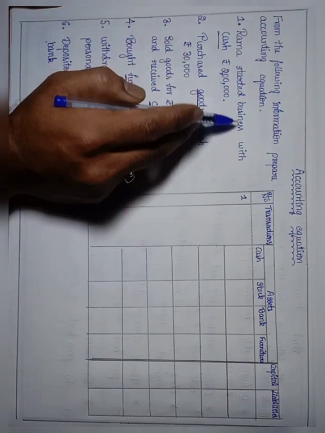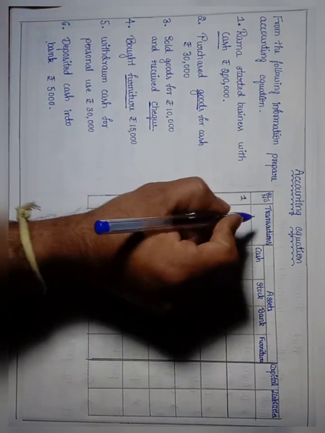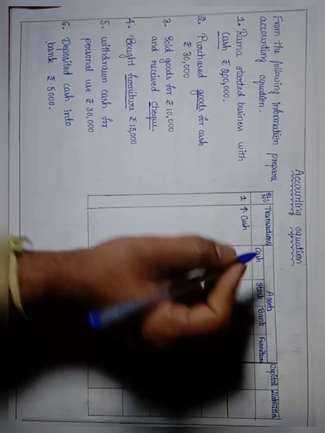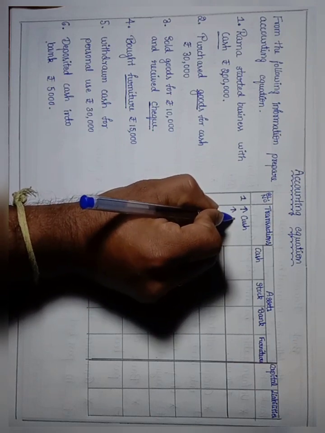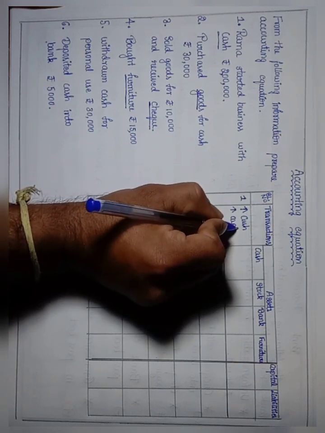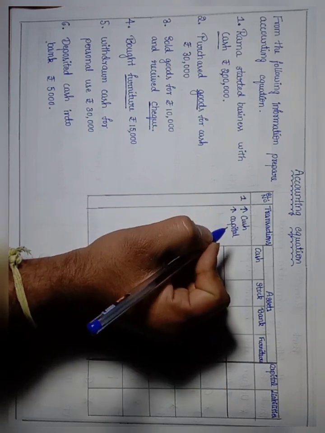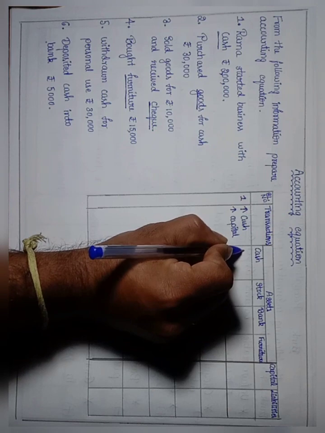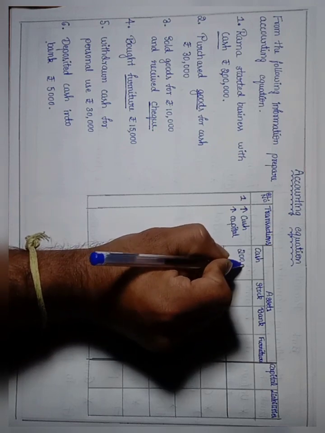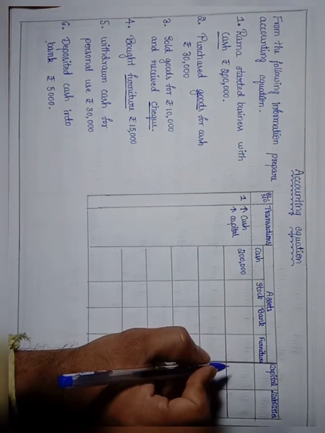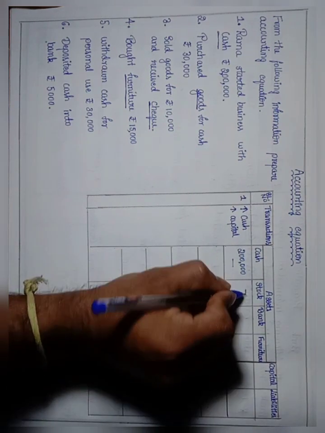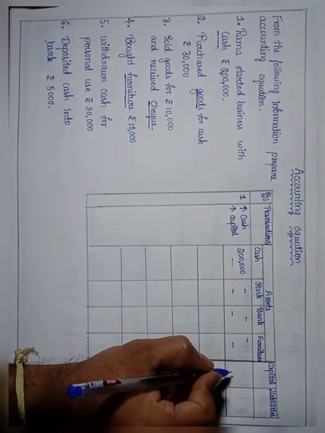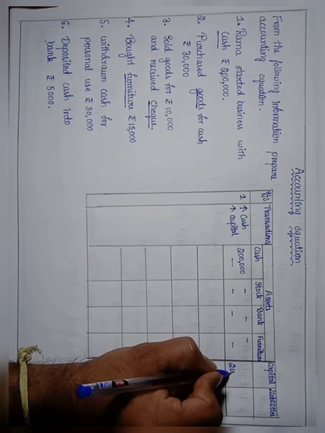First one, Rama started business with cash. So first one is it will increase cash, and owner is investing, so it will increase capital. Cash balance is increasing as well as capital also increasing. That is 2 lakh rupees is investing into the business, and 2 lakh rupees capital also increasing here.